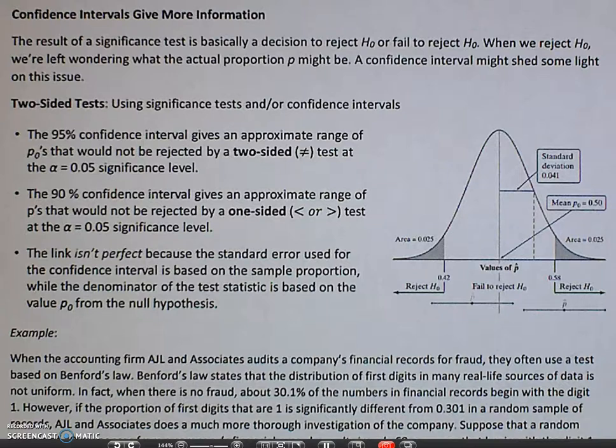The link here isn't perfect because the standard error used for the confidence interval is based on the sample proportion p hat, while the denominator of our test statistic, z, is based on our claim proportion from the null hypothesis. So we're going to do an example here, and we're going to go through both the significance test and the confidence interval and see how they compare.